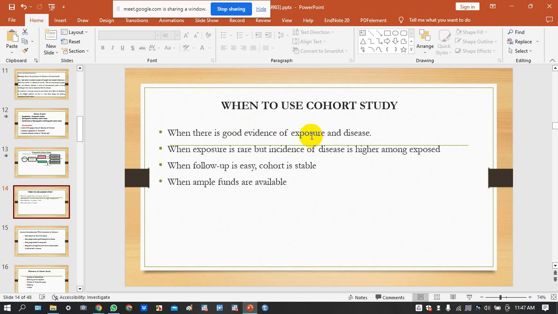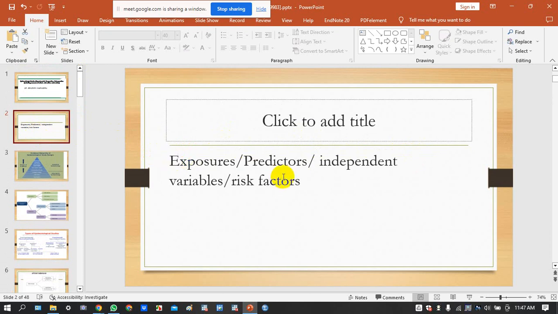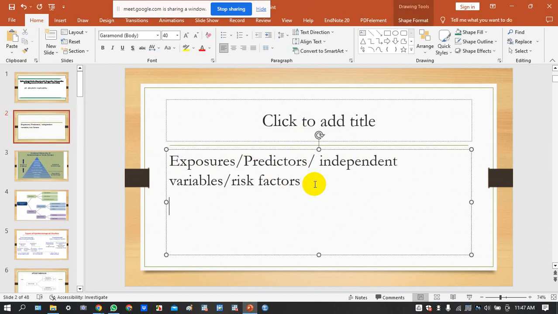But if there is no risk factor, we cannot associate that condition with any risk factor, then you cannot conduct a cohort study. Another reason why we conduct a cohort study is when exposure is rare, but incidence of disease is higher among the exposed. When we talk about incidence, what is it? New cases of a disease. So incidence is new cases.